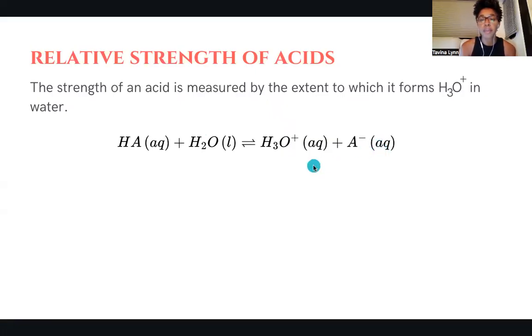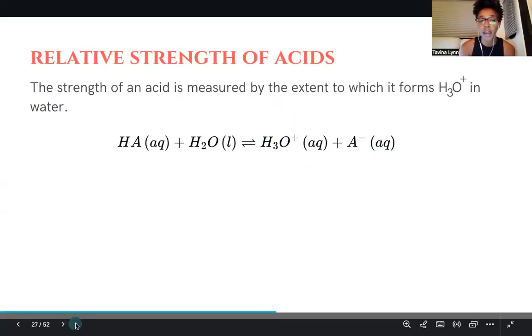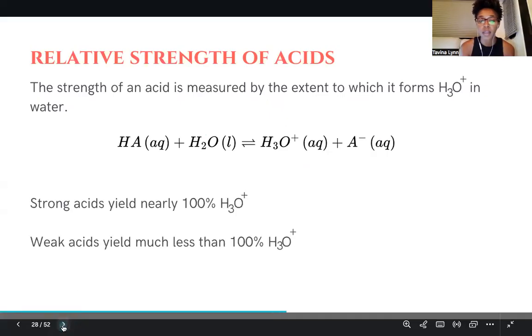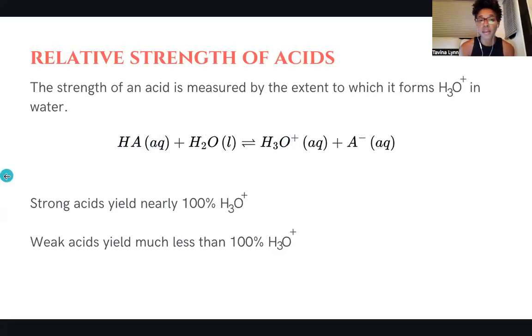So the strength basically has to do with to what extent we are forming hydronium ions, H3O plus ions. Strong acids yield nearly 100% hydronium ions. Whatever concentration of strong acid we start with, if we put it in water, all of the acid will dissociate into hydronium ions.